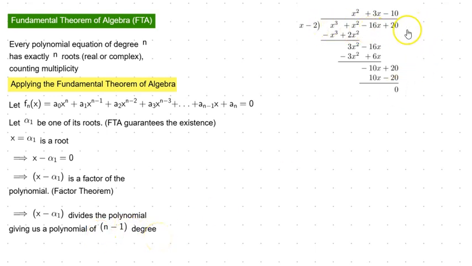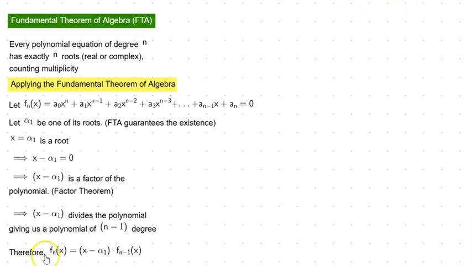So it was a cubic polynomial. When we divide it by x minus 2, we get a polynomial of one lower degree. Therefore, f_n(x) is equal to x minus alpha 1 times f_(n-1)(x).